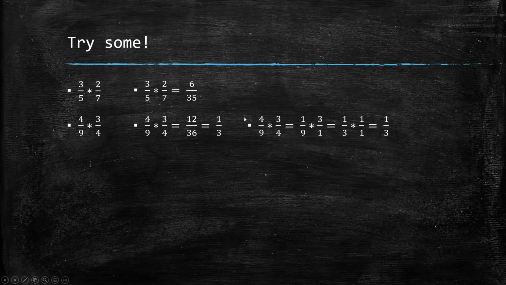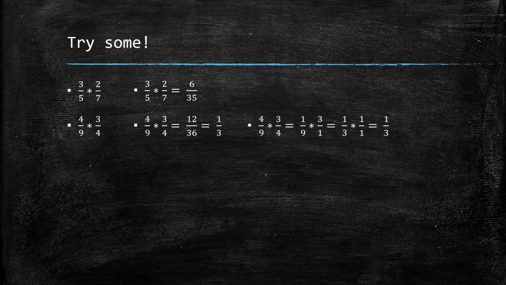So we start with 4/9 times 3/4, and we can notice that in the numerator on the left we have 4, and in the denominator on the right we have 4, and we know that we can take a 4 out of both of those numbers. So we have new fractions now. After we take a 4 out of this numerator and a 4 out of this denominator, we're left with 1/9 times 3/1. But then notice that we can simplify again, because we have a 3 in the numerator on the right, and we have a 9 in the denominator on the left, and we can take a 3 out of both of those.